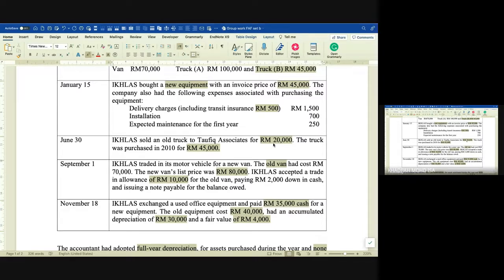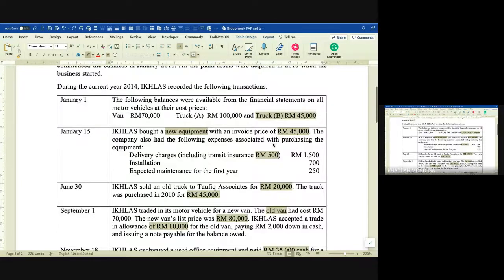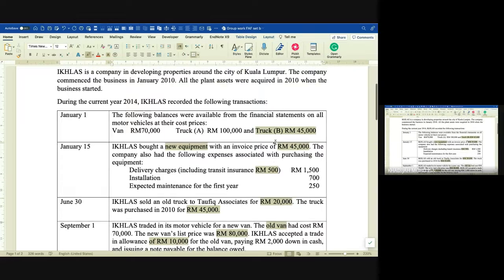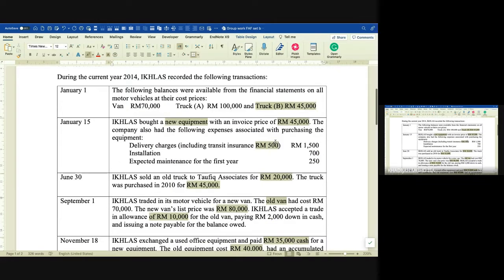And then what will be my accumulated depreciation for the asset? So when did you purchase the asset? It was purchased in 2010, now is 2014. So how many years of depreciation do you have to compute? You purchased in 2010. Now is 2014, and 2014 is the year of disposal.